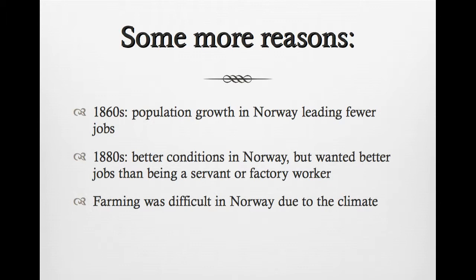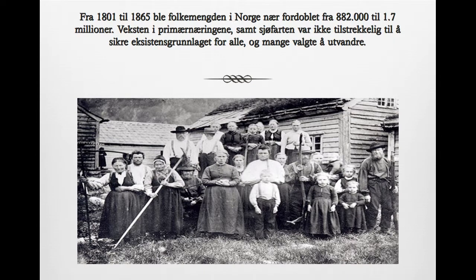In addition, farming was difficult at the time due to climate. They didn't have all the equipment that we have today. So, population growth, people wanted better jobs, and farming was difficult due to climate. These are the reasons you talk about when you talk about this topic. Remember that.